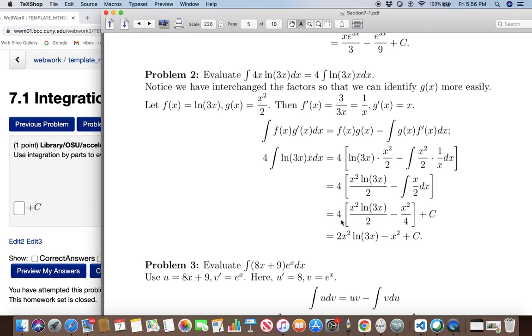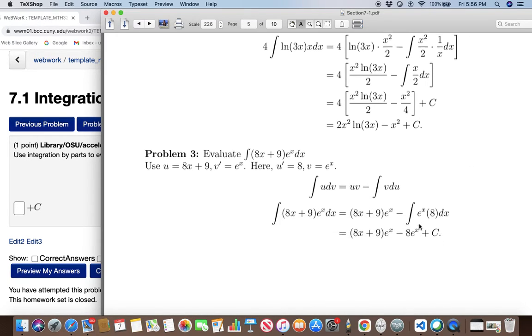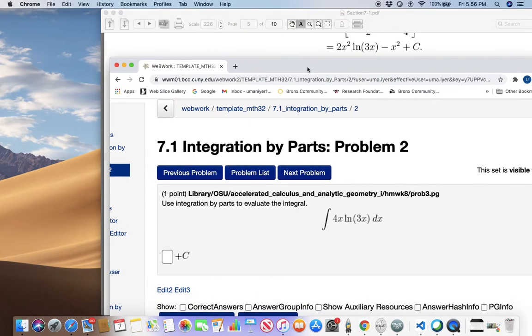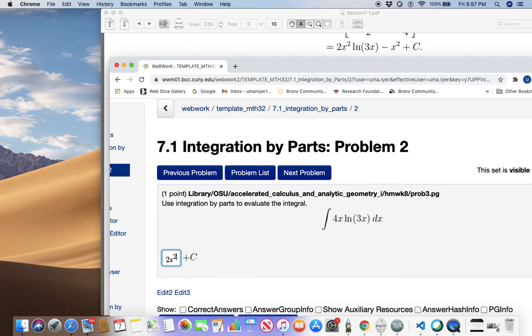So 2 is cancelled. So I have 2 x squared natural log 3x minus 4 here reduces x squared plus c. So let's put that in. 2x squared natural log 3x minus x squared plus constant of integration.